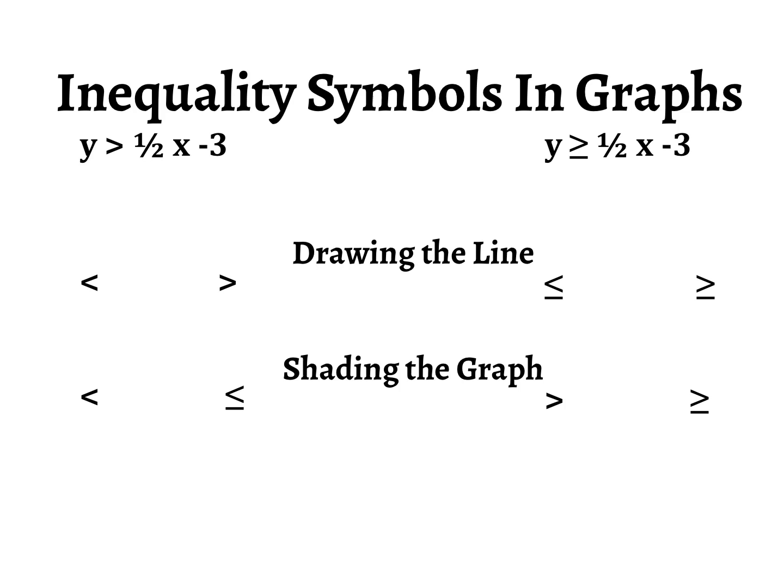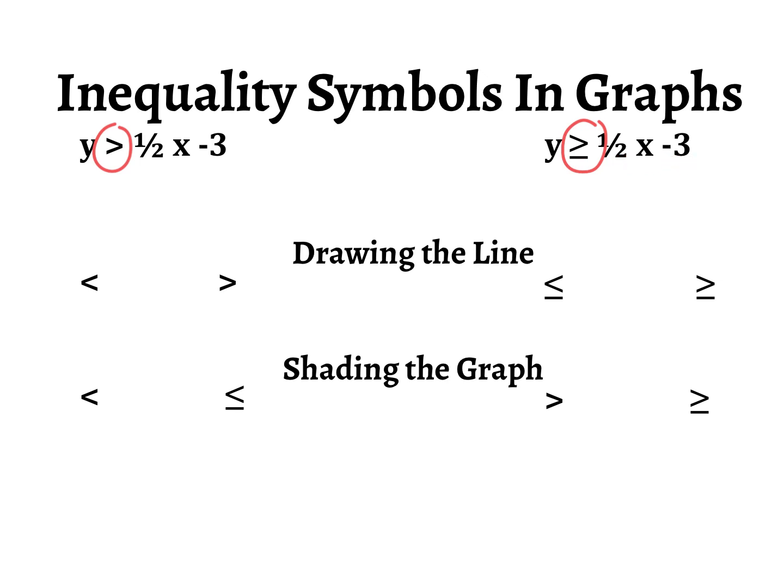Before we begin graphing, a thing that we need to understand are the subtle differences between these inequality symbols. For example, here we have these two symbols that are very similar. The biggest difference is that this one is just greater than, and this one has an equal symbol underneath. So this one reads y is greater than 1/2x minus 3, while this one reads y is greater than or equal to 1/2x minus 3.